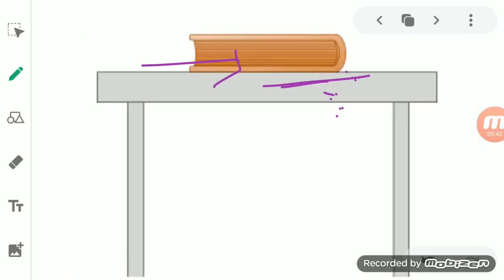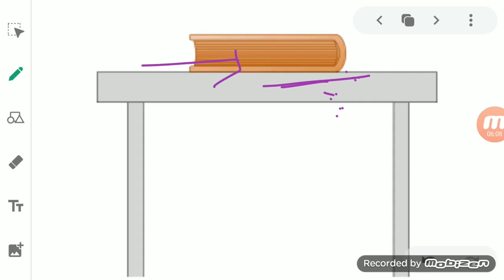Now the question is why an object at rest will remain at rest, or why an object in motion will remain in motion. Every object has a tendency not to change its state, whether at rest or moving.